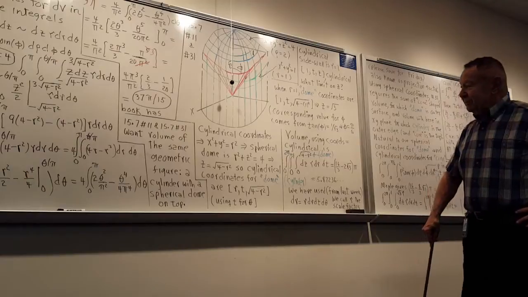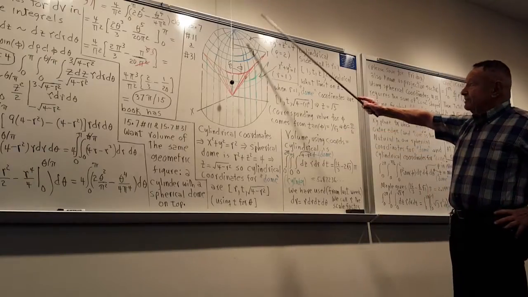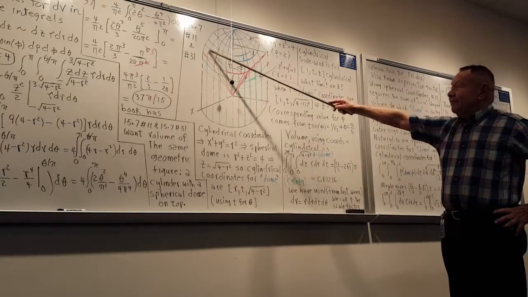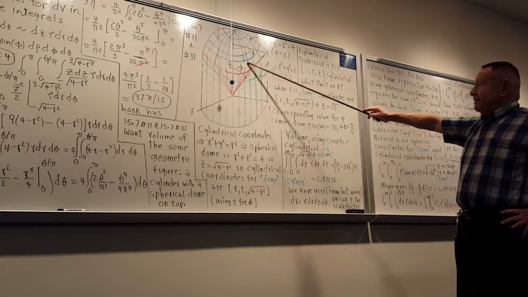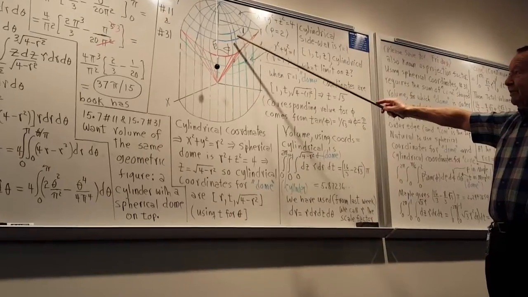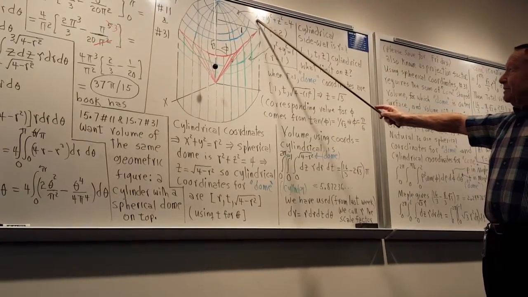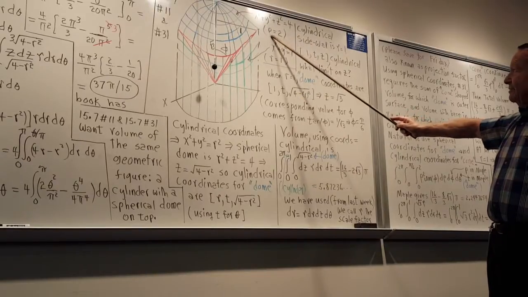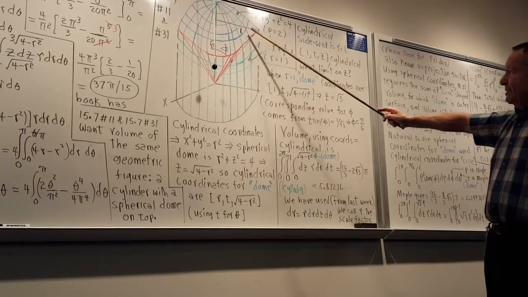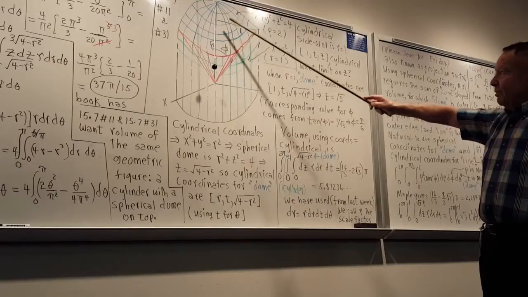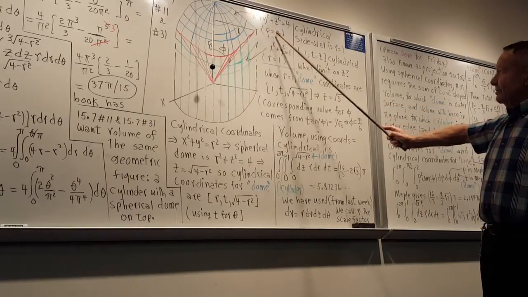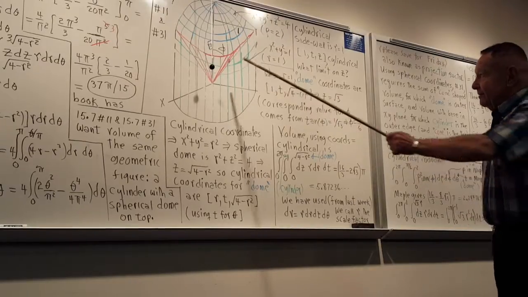So the picture that goes with both of these is what I've drawn here. You have a dome, which is part of a sphere. In Cartesian form, you have this. So in spherical coordinates, that's radius rho from the center equals 2.